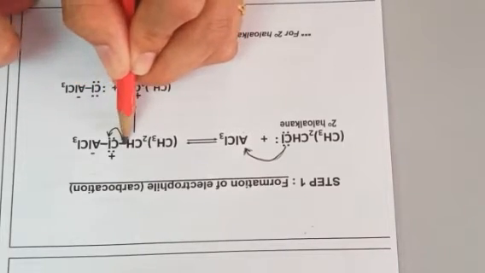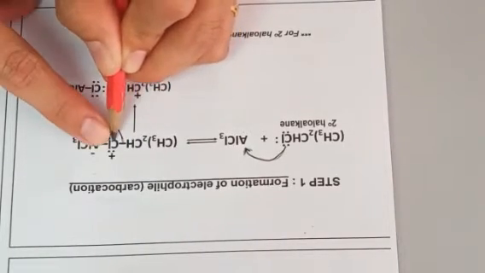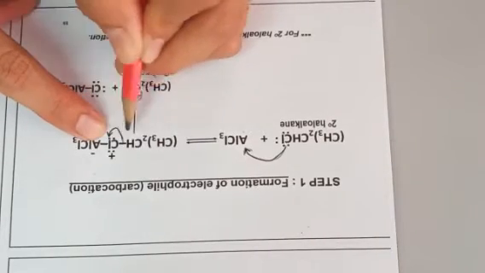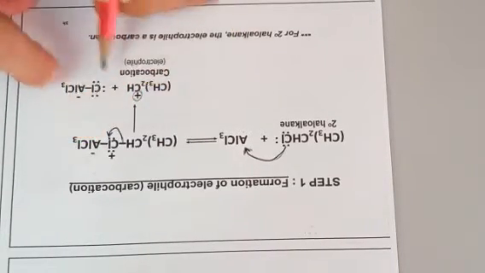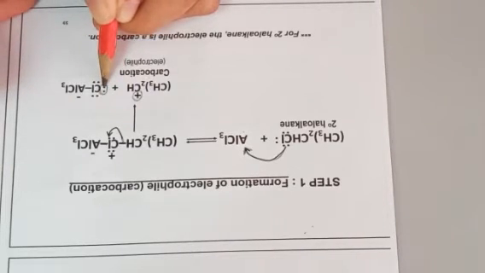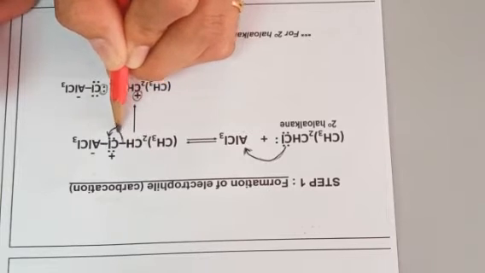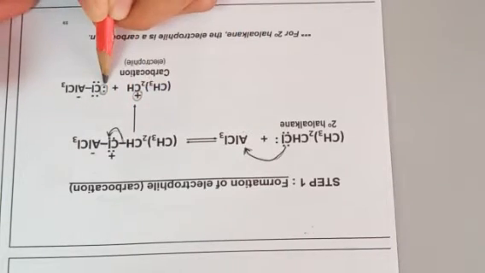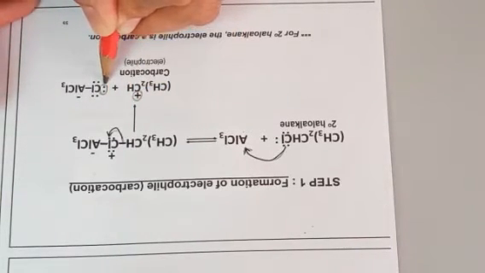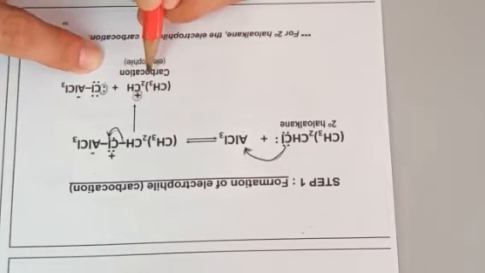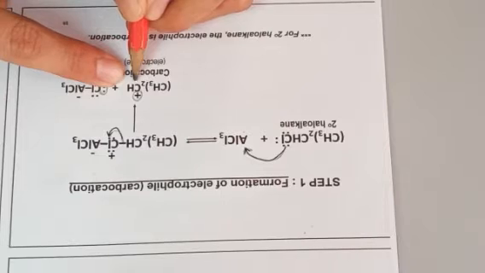We break this bond, the electrons go to the chlorine, and that carbon forms a positive charge. The chlorine gets back its lone pair. Here is what we want, the carbocation, and this is a secondary carbocation.